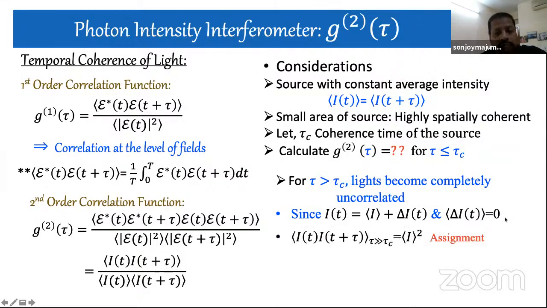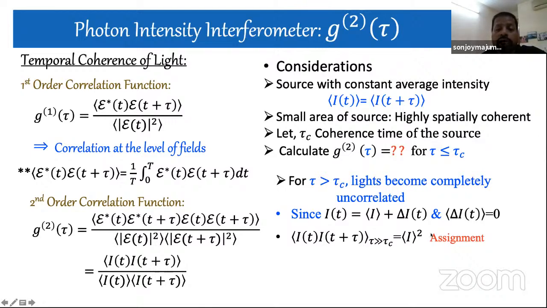Now if you take the intensity correlation terms, I(t) and I(t plus tau), for tau very, very much larger than tau c, it is easy to calculate. You just replace the I expression from here and do the calculation, keeping terms only up to first order in tau. Tau square terms are not necessary.